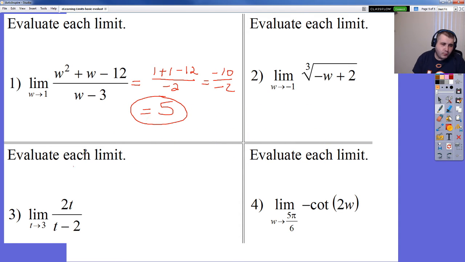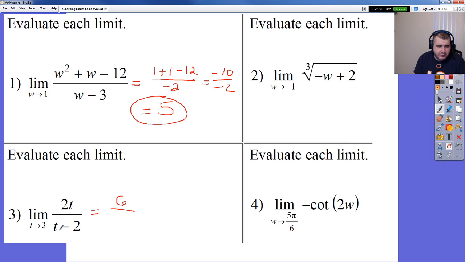Okay, so now that we've done that, let's try the rest of these. We're going to do the same thing. Okay, t is creeping on 3, right? The limit as t approaches 3. Well, what does this whole fraction approach? Well, let's just plug it in to see, because sometimes it's okay. 2 times 3, well, on top, that's 6, right?